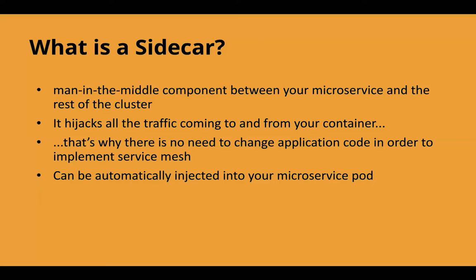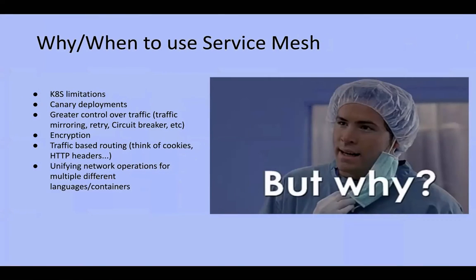It can also be injected manually depending on the needs. But pretty much you don't have to do that much, because you can just install ServiceMesh, implement it, the sidecar container can be injected automatically into each pod, and then you just instruct ServiceMesh what to do.